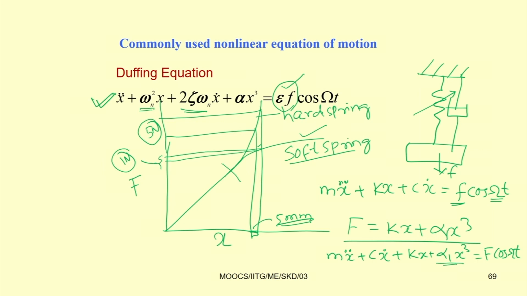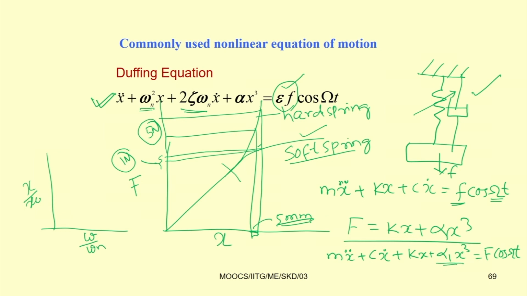So, already you are familiar with the response of the system when a simple spring mass system is subjected to a force f sin omega t. You are familiar with the response, already we have plotted this magnification factor x by x 0 versus omega by omega n.